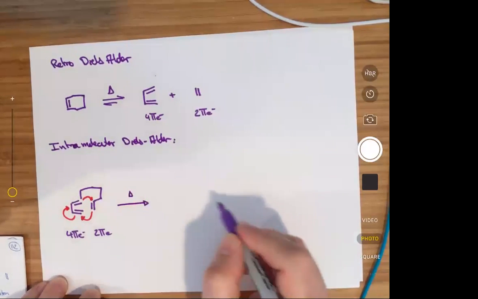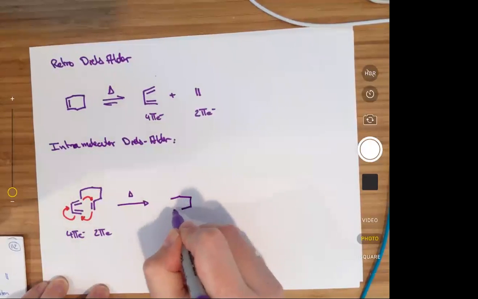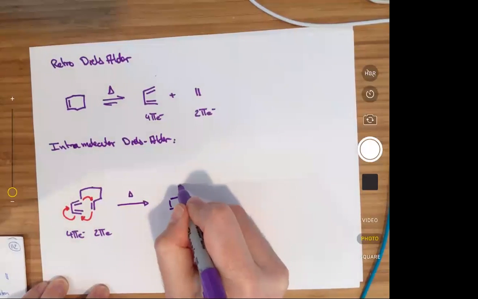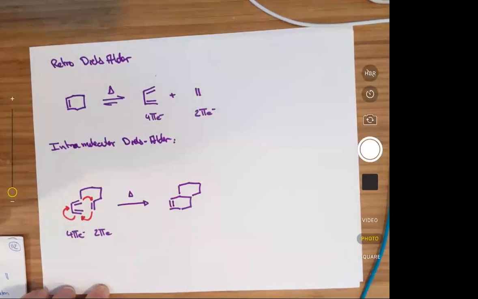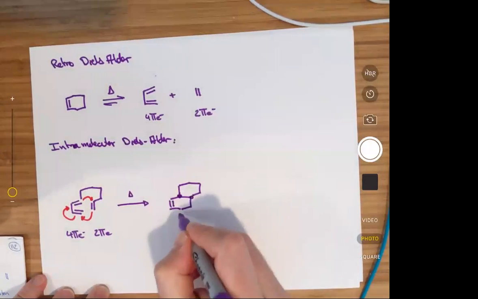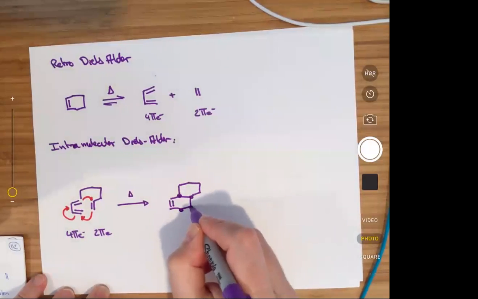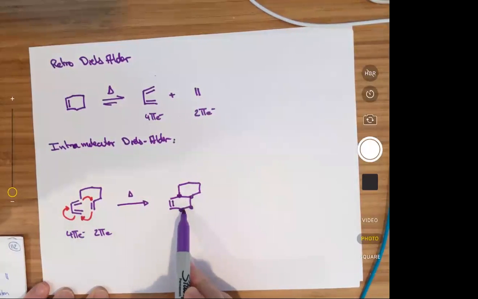And if you heated this up, you end up with 2 annulated 6-membered rings and a double bond on this side. So these were basically the previous position of the ends of the pi system. So these were these carbon atoms here that came together to form these 2 new sigma bonds, right?